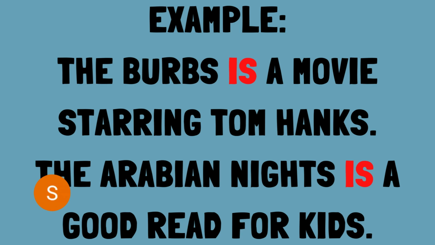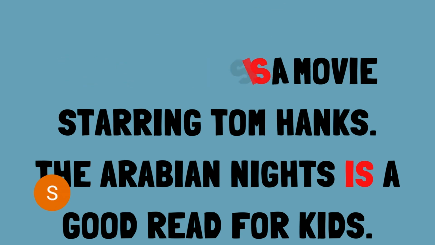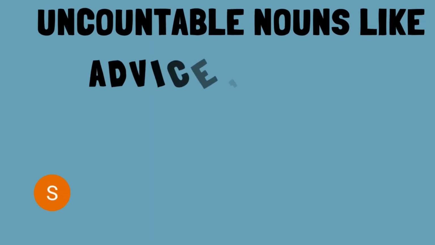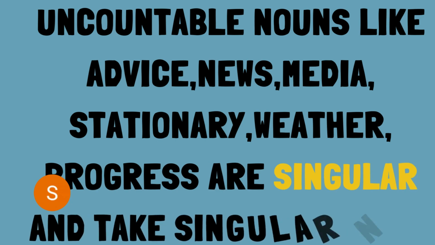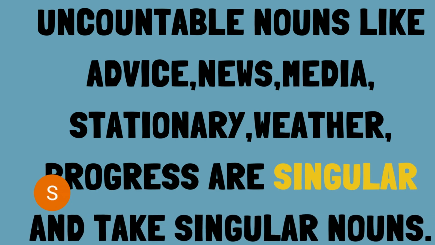Similarly, The Arabian Nights is a good read for kids. Uncountable nouns like advice, news, media, stationery, weather, progress are all singular subjects and they will be using singular verbs.